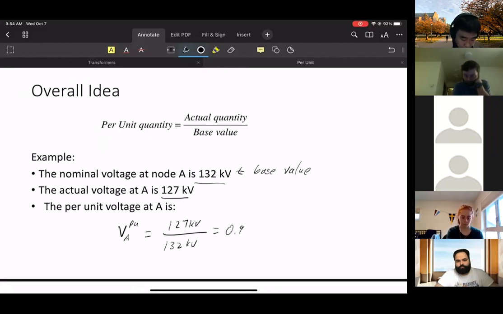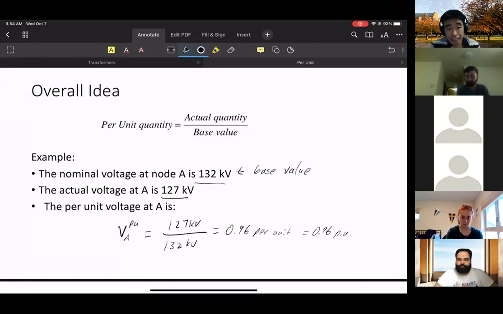This is 0.96. Since we're dividing voltage by voltage, volt by volt, this is a unitless quantity, right? But to denote that we get this from a per unit quantity, we write this as per unit, or more often 0.96 PU. Or many times when you read something, it will say we assume all quantities are per unit, so we don't even bother writing PU.